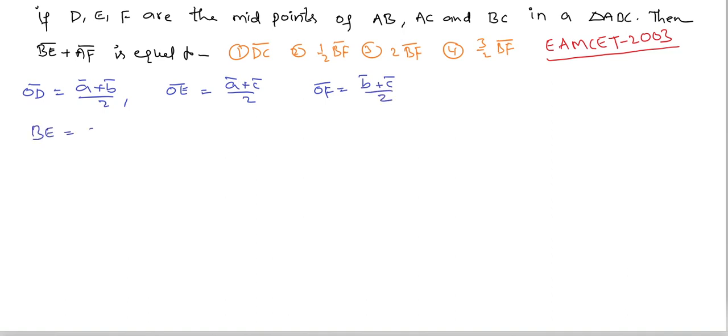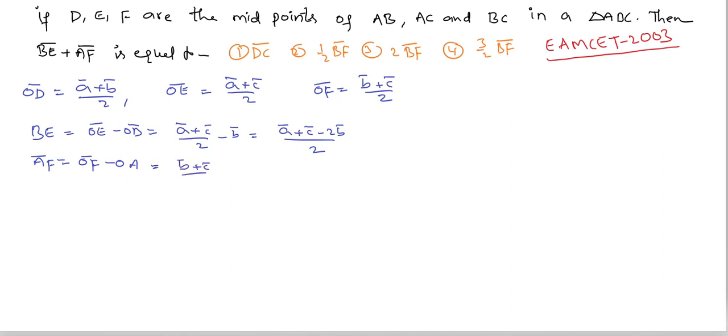BE bar is equal to OE bar minus OB bar. So OE bar is A bar plus C bar by 2 minus OB bar, that is B bar, that is equal to A bar plus C bar minus 2B bar by 2. And AF bar is equal to OF bar minus OA bar, that is OF bar is B bar plus C bar by 2 minus A bar, that is equal to B bar plus C bar minus 2A bar by 2.